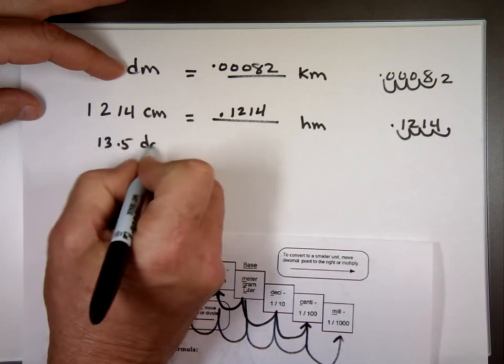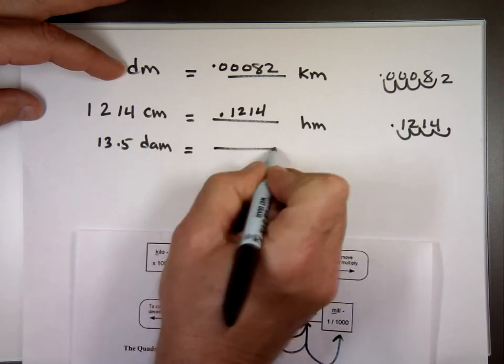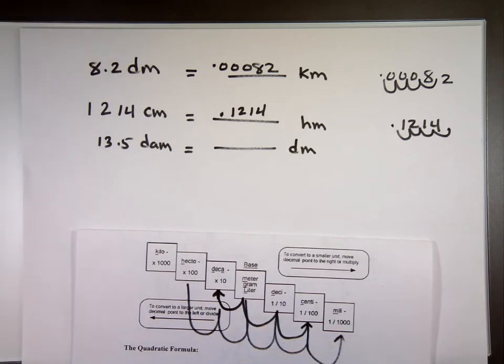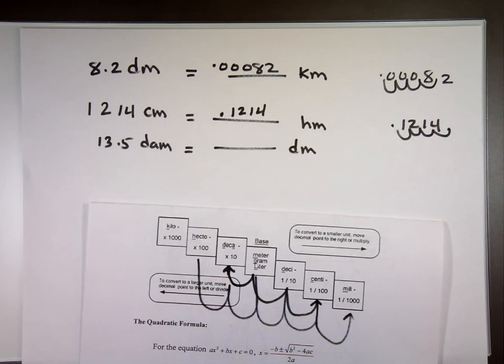13.5 DAM, convert that to DM. How many places in which direction?